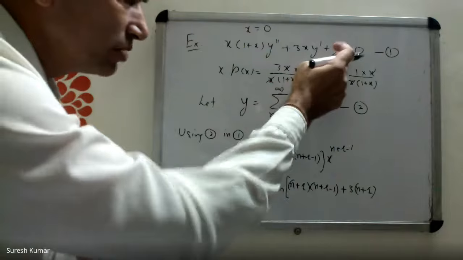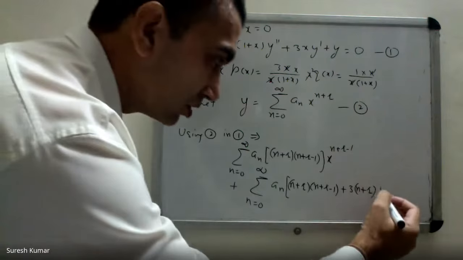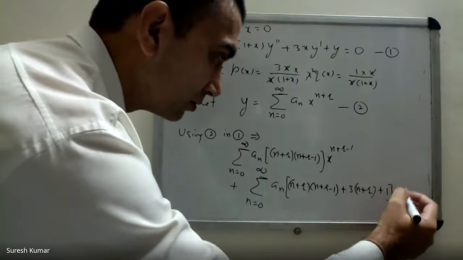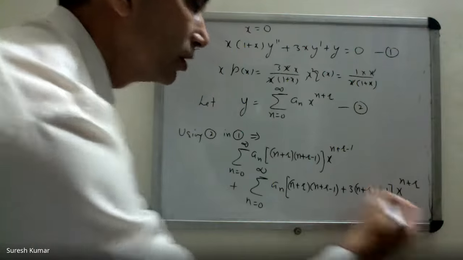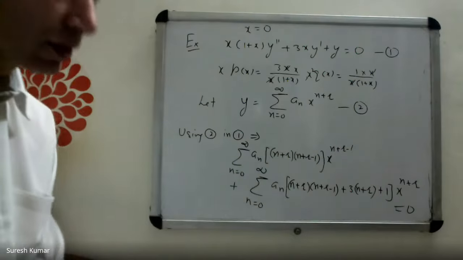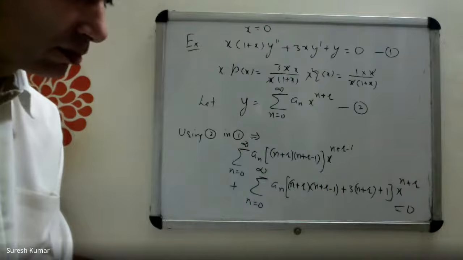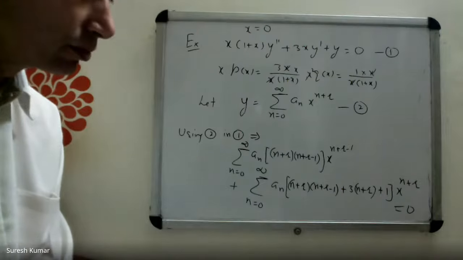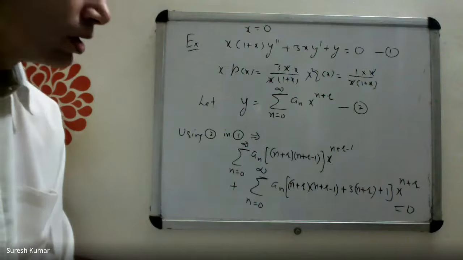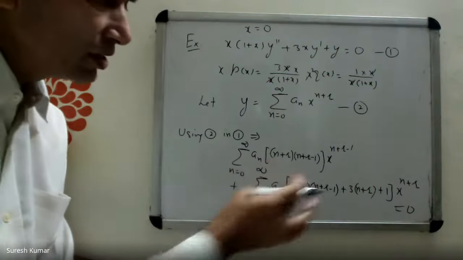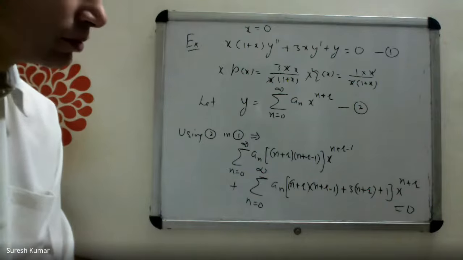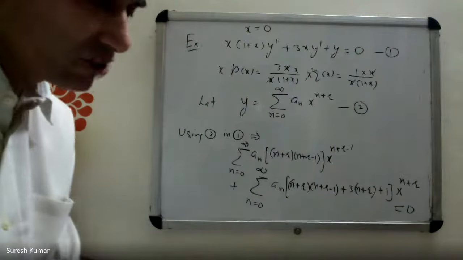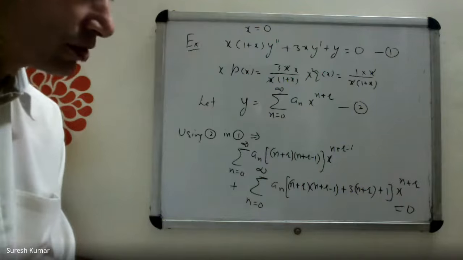And last term is of course n plus r. So coefficient is 1 there with an. Is it right? Yes, sir. Okay, so you can write this step directly if your brain works clearly. Otherwise, you write all summations differently and then combine the terms.